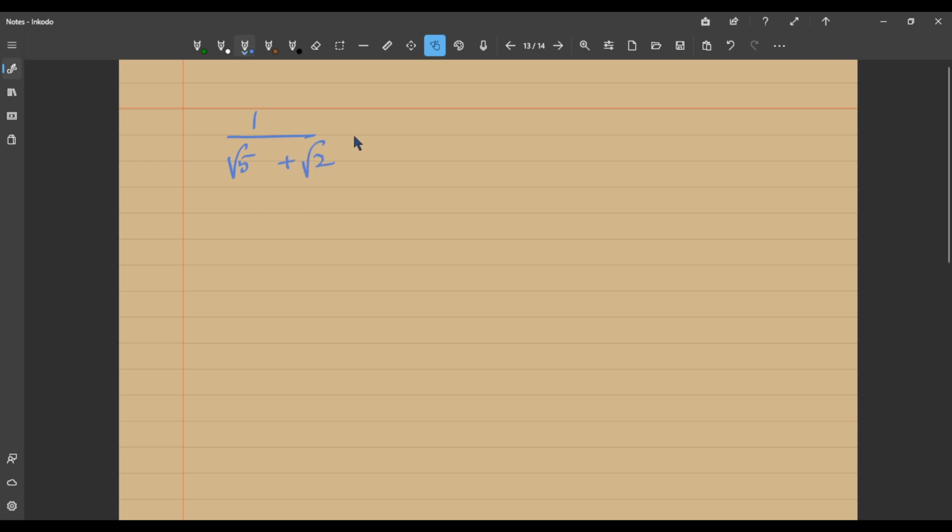As we saw in the previous example, if you want to completely eliminate the irrational component in the denominator, let's multiply by root 5 minus root 2, so that it becomes of the form a square minus b square, and the square root of 5 and square root of 2 are eliminated. So here the numerator also would be multiplied by root 5 minus root 2.